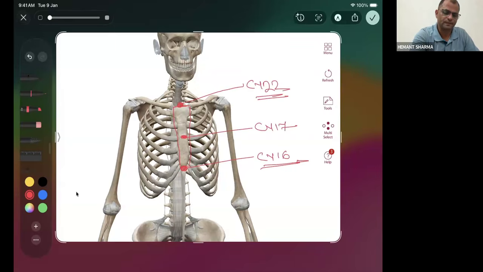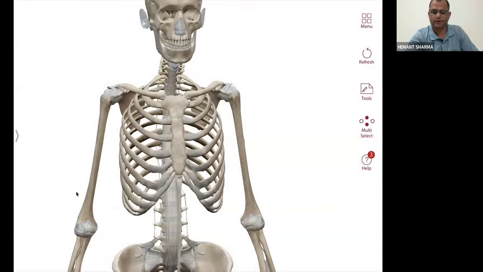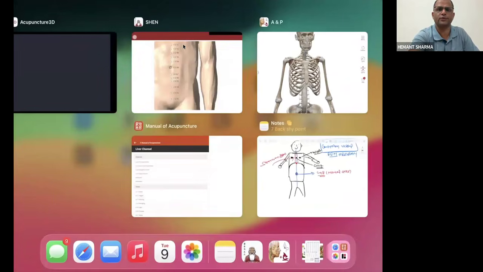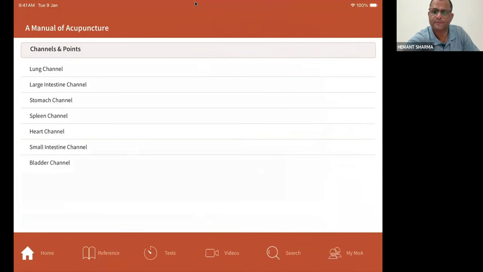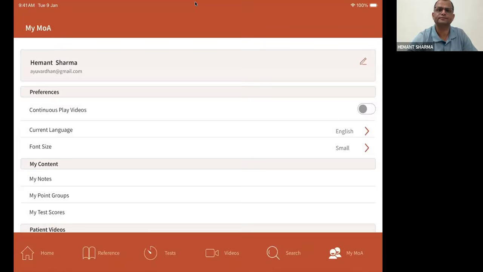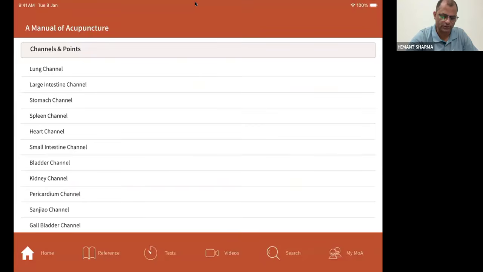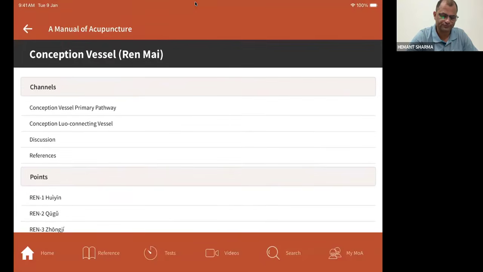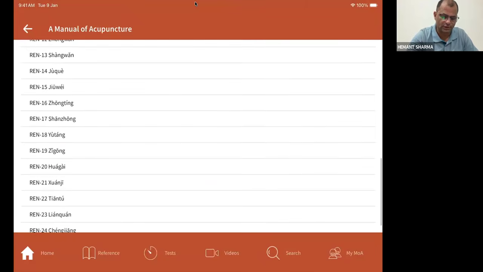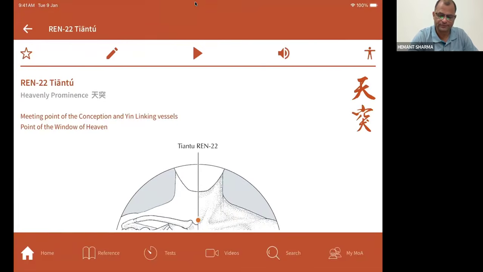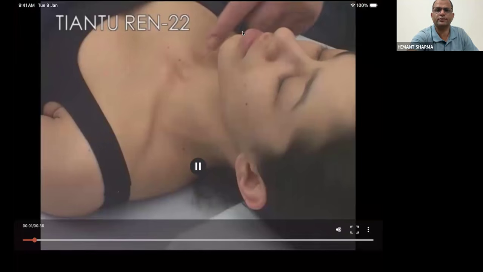Fine. I will show you the location of a few points first. First, I would like to show you the location of CV22, the upper end of the sternum bone.